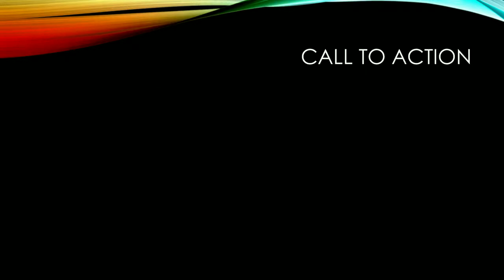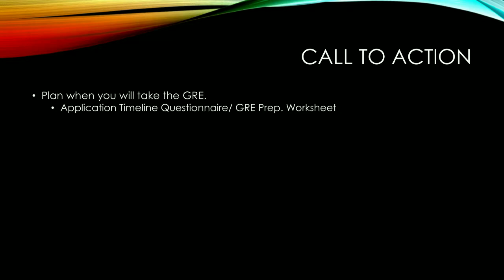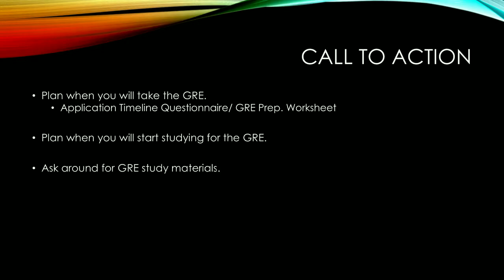All right, so here are our calls to action. Plan when you're going to take the GRE. We have the application timeline questionnaire and the GRE prep worksheet that you can use. Plan when you will start studying for the GRE. Ask around for GRE study materials.